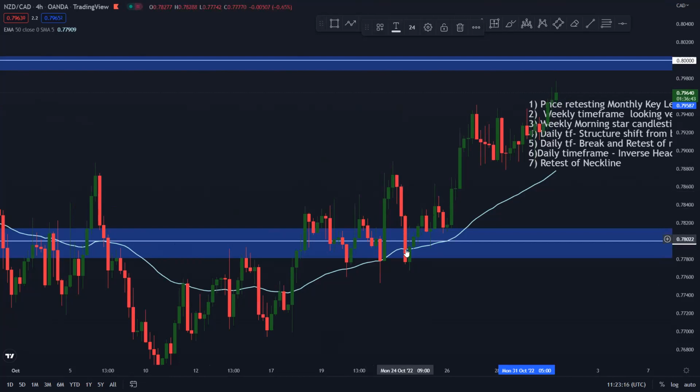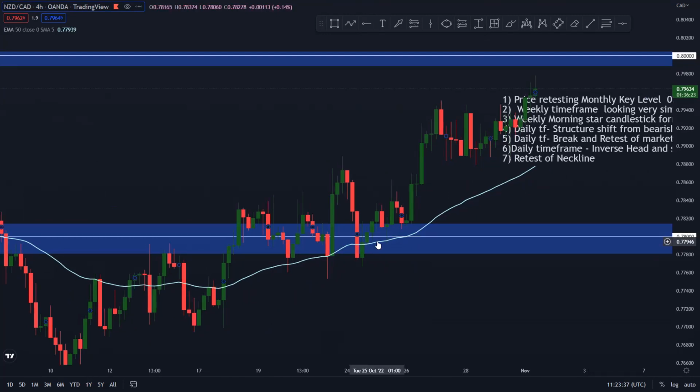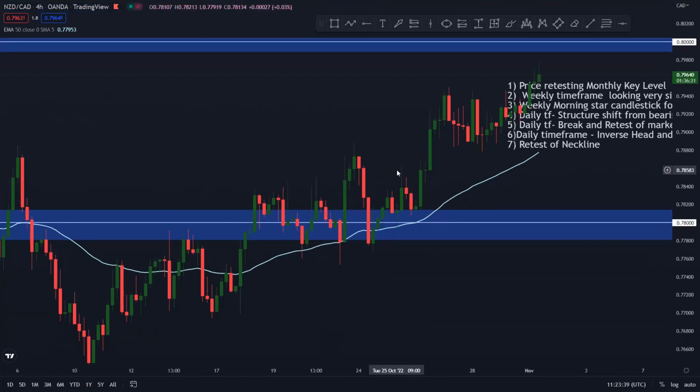And then where the retest is, I'm not just retesting monthly key levels, I'm not just retesting the psychological level 0.8 thousand, I'm not just retesting daily structure, which was previously a resistance, now becomes a support. You can see from the 4-hourly time frame how this level has held up price.